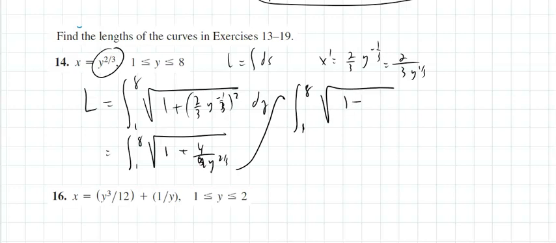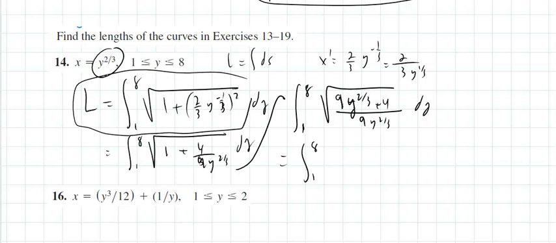That's 9y to the 2/3 plus 4, divided by 9y to the 2/3, dy. And that is from 1 to 8. Of course, if I say set up, do not solve, you're done right there. Mainly, that's what I'm going to say. But this is the square root of 9y to the 2/3 plus 4 dy.